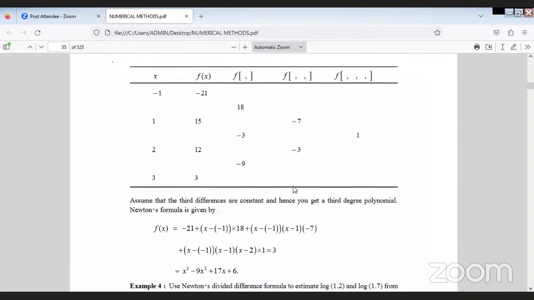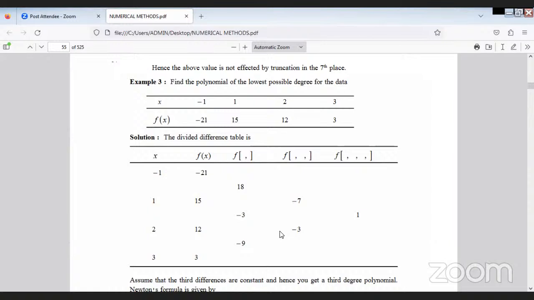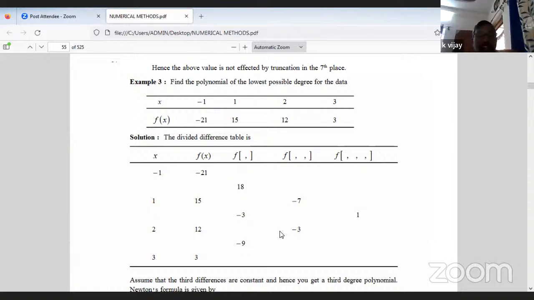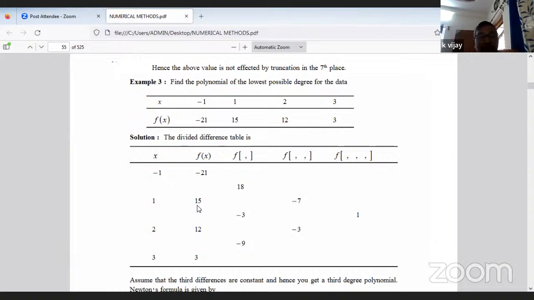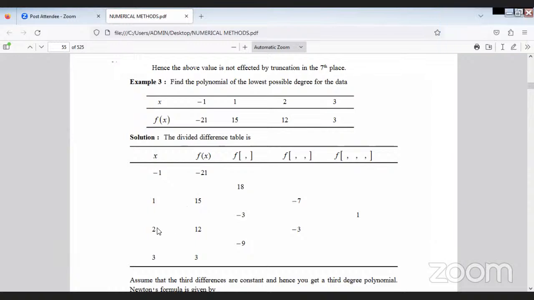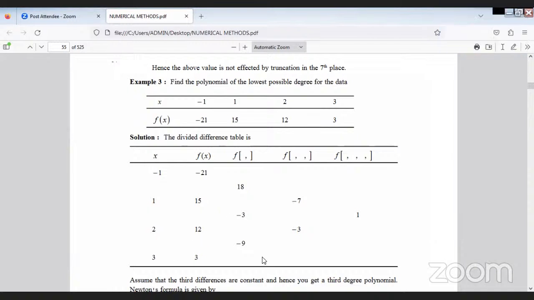See this one. Find the polynomial of the lowest possible degree for the data: x is minus 1, 1, 2, 3 and y is minus 21, 15, 12, 3. Tell me now, this is easy. What is 15 plus 21? 36. 36 by 1 plus 1 is 18. 12 minus 15 is minus 3, so minus 3 by 1. 3 minus 12 is minus 9 by 1.